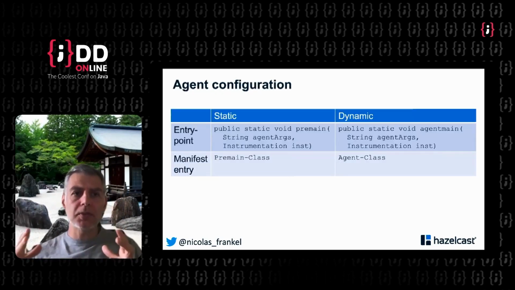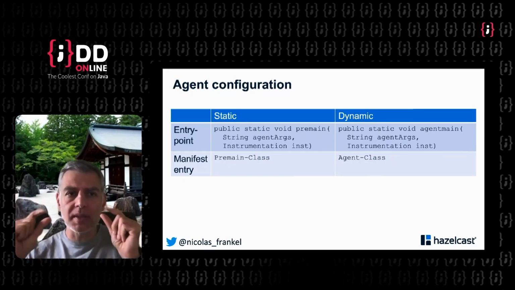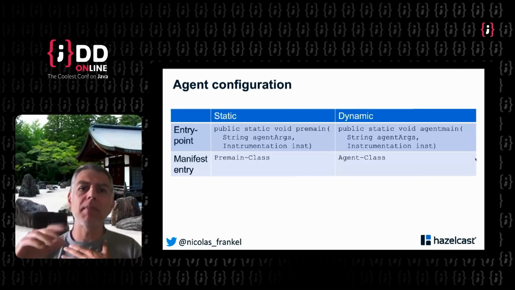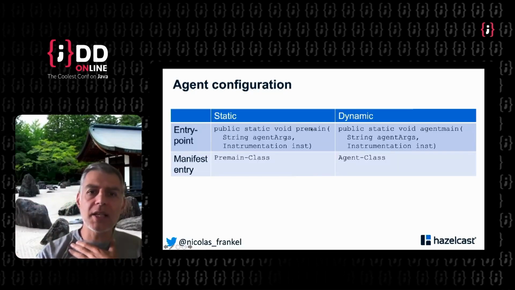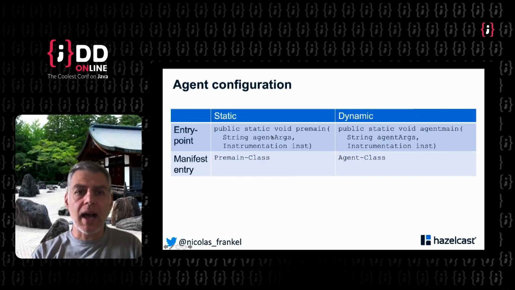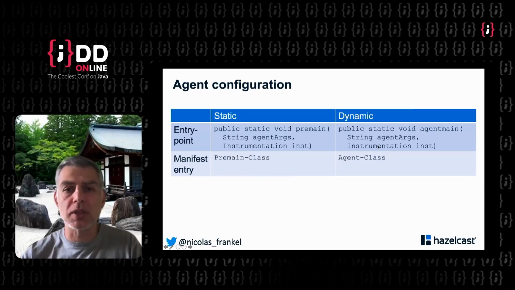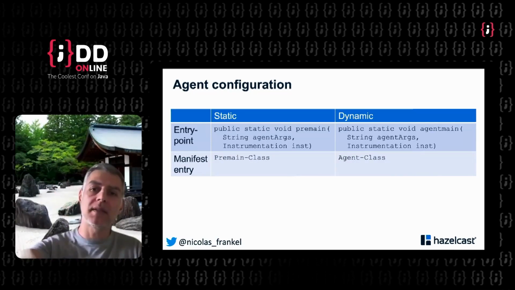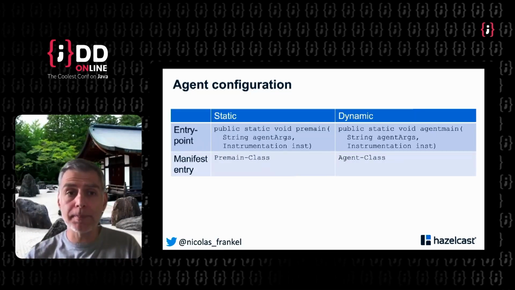For the moment, you must understand that, as I mentioned, an agent is just a jar with slight differences. Instead of having a main method, a static agent has a premain method, and a dynamic agent has an agentmain method. Compared to the main method, which only has arguments, we see that there is an additional parameter called instrumentation that will be passed by the JVM.